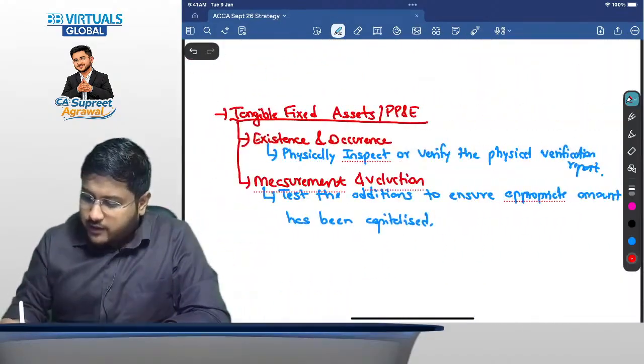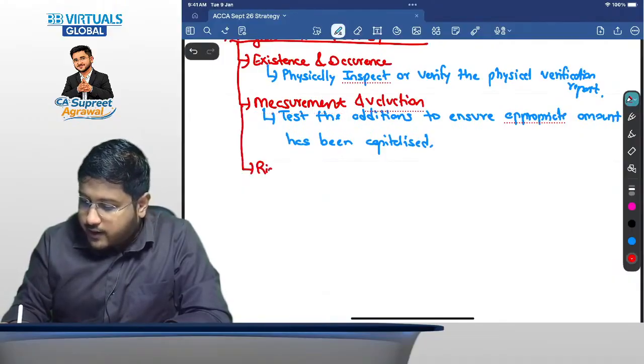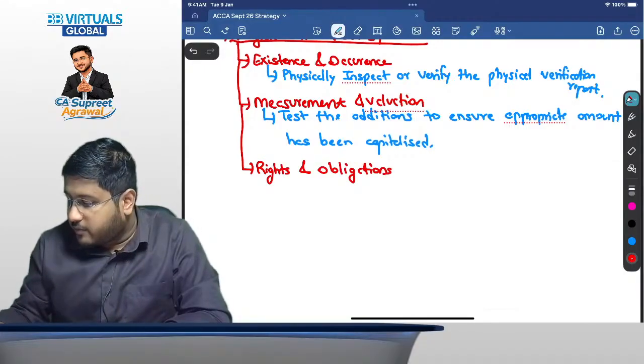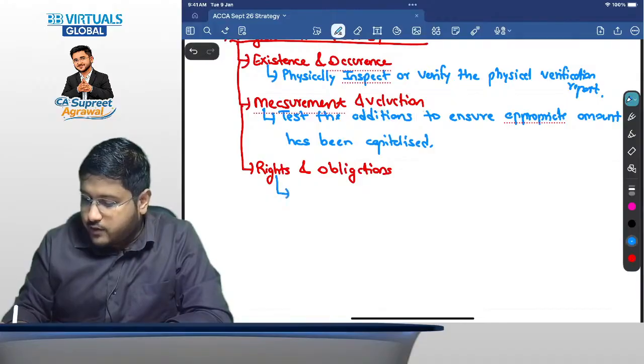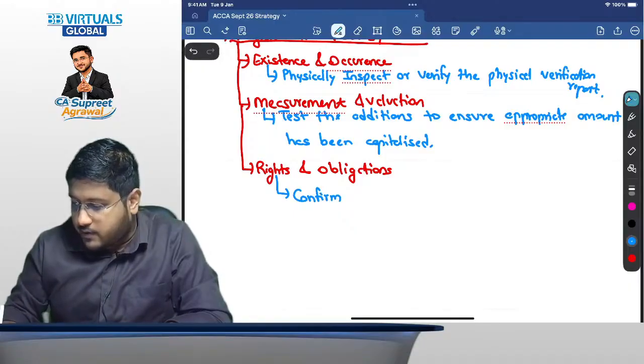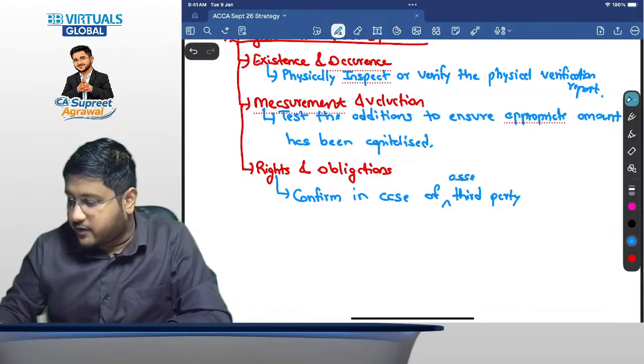Okay, then rights and obligations. How will you ensure rights and obligations? So you will confirm, in case of assets kept with third party.